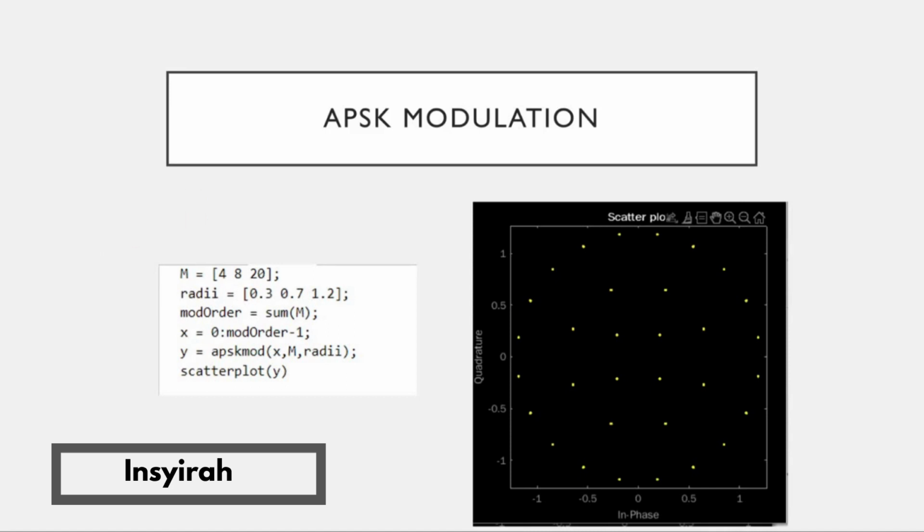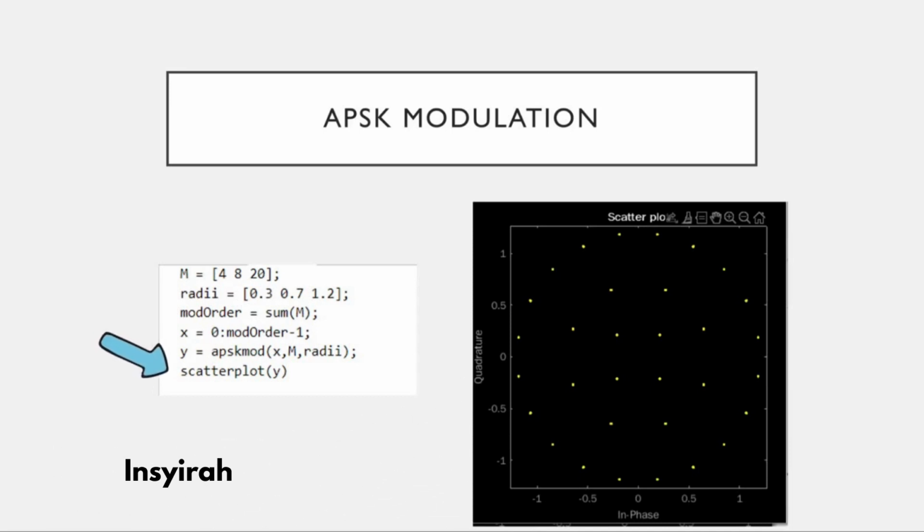Note that the sum of m must be a positive integer power of 2, meaning that the square root of the sum should be a positive integer and not decimals. Then we will put the sum of m as the input values of x using suitable commands. Then we will use the command apskmod to apply APSK modulation to the data. To plot the output, we use the command scatterplot.